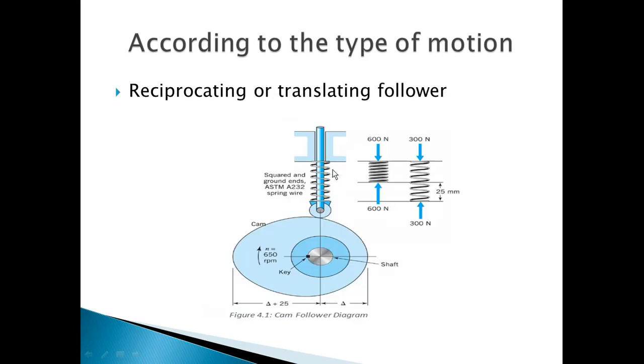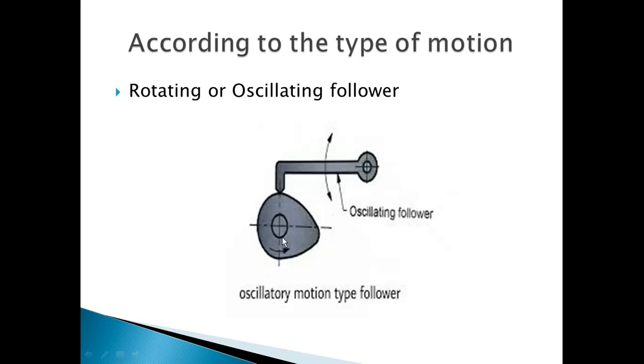In the previous case, the input is rotary and the output is reciprocating. In the second case, the input is rotary, similar to the first one, but the output is oscillating. So that was the change in the type of output motion obtained from the same assembly.